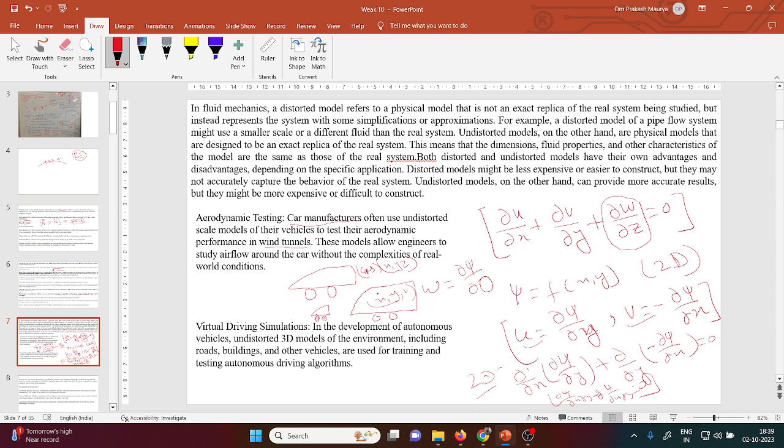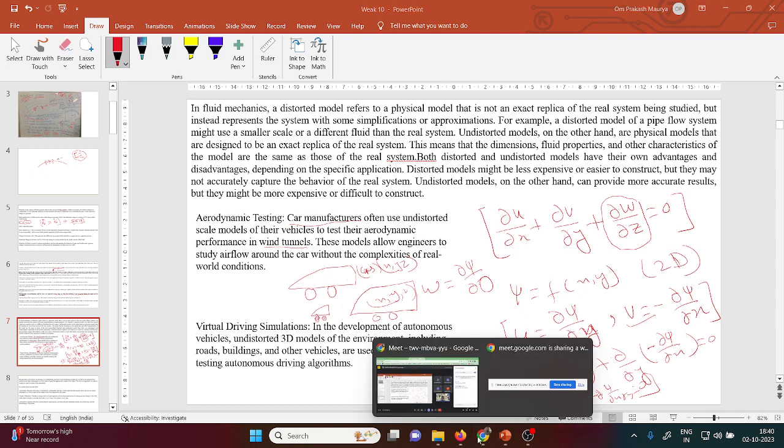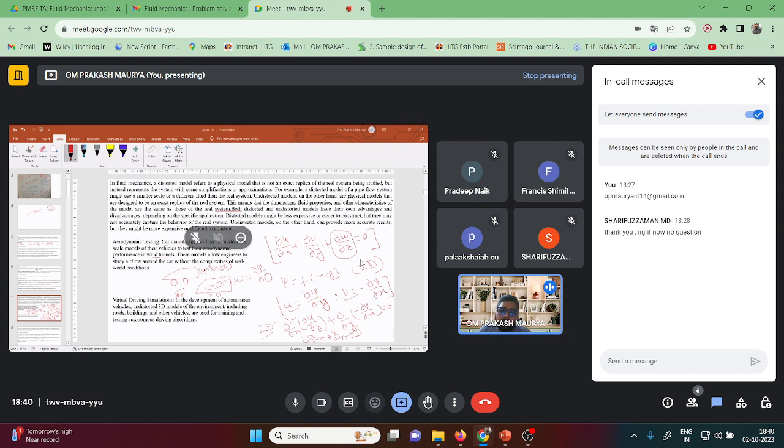They make the car, and some video I think you have also seen from Tesla, where he was testing the car, I think bulletproof kind of thing. Some video was viral during that. That type of experiment is known as undistorted, because the same replica, the actual car, was there.